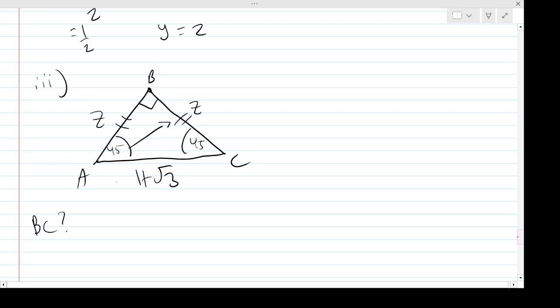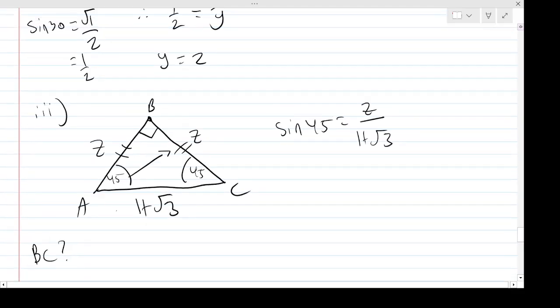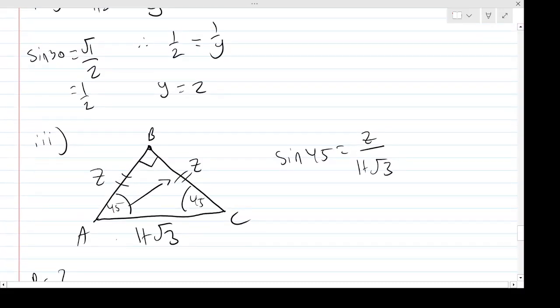So SOHCAHTOA. So then I can say that sine of 45 is equal to BC, which is z, opposite that angle, over the hypotenuse, which is 1 plus root 3. Okay. Now, sine 45, obviously again, best put it in calculator, but to cover all ground, let's just work it out using this method.